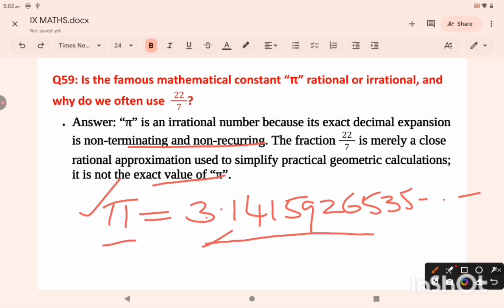Therefore pi is irrational, because the accurate value of pi, that is the decimal expansion, is a non-terminating, non-recurring decimal.